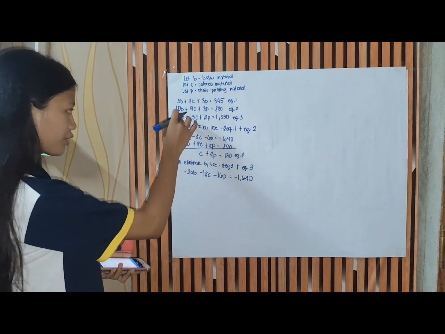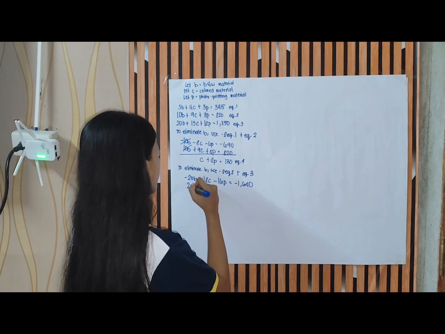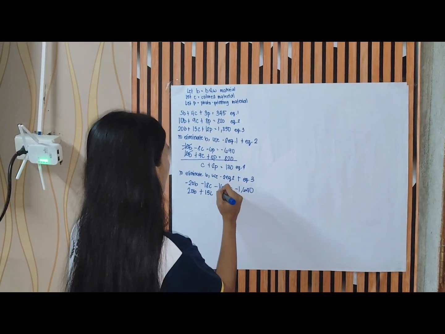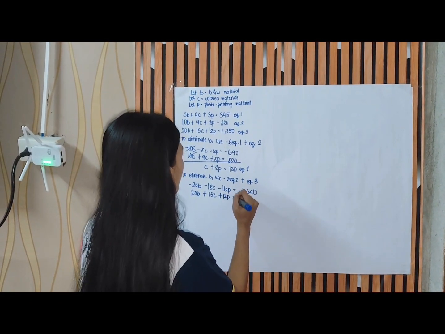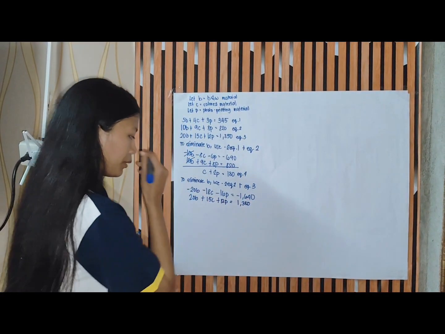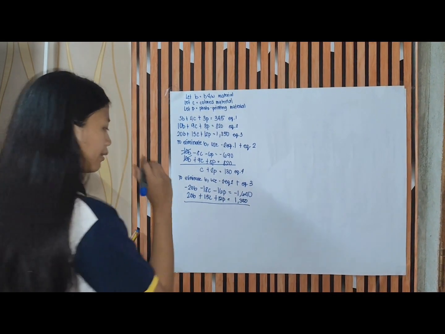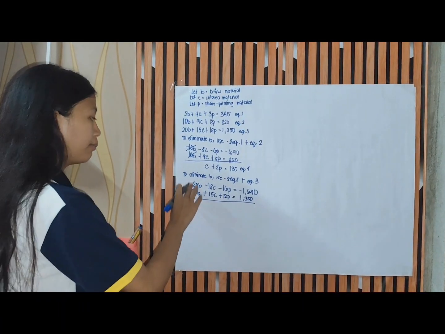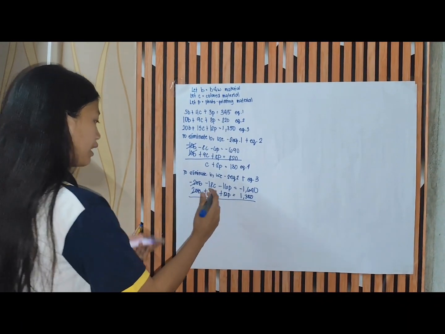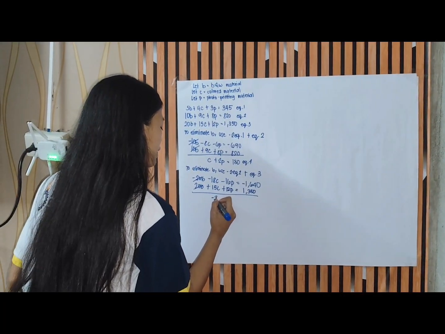Then copy equation number 3: 20B plus 15C plus 12P is equal to 1,350. So we can eliminate here the variable B. -18C plus 15C is equal to -3C.